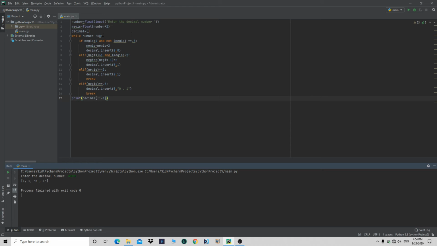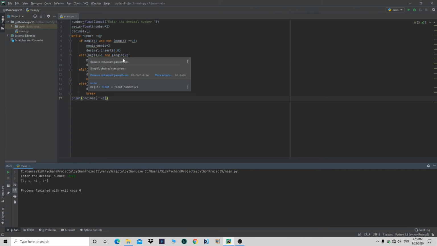For example, if we pick 0.75, and we multiply the number by 2, it gives us the value 1.5, and if 1.5 is greater than 1 and less than 2, then it comes into this, and we write 1 and 1.